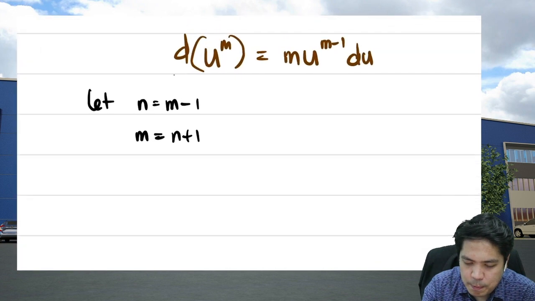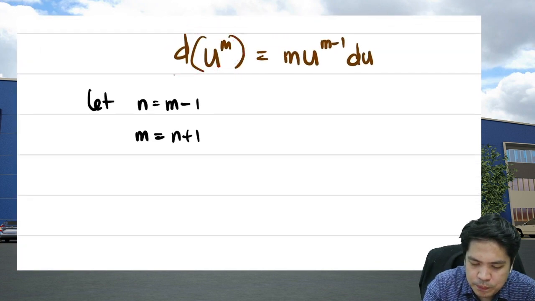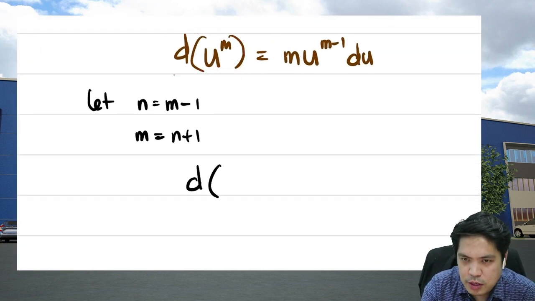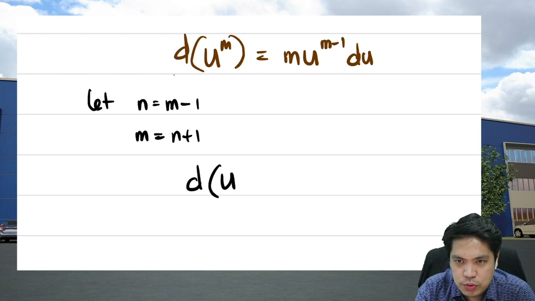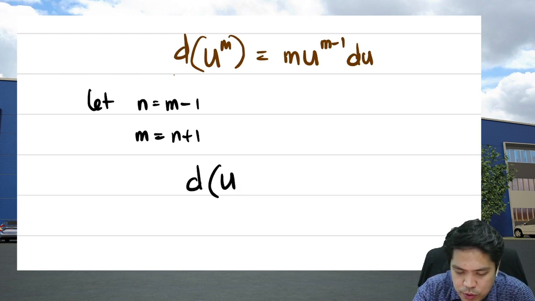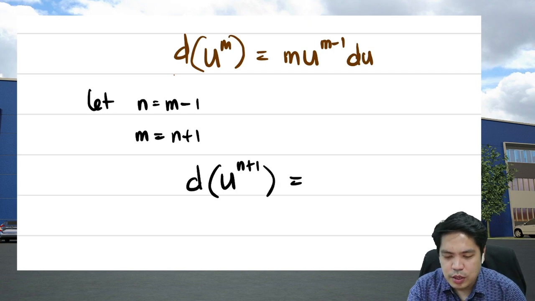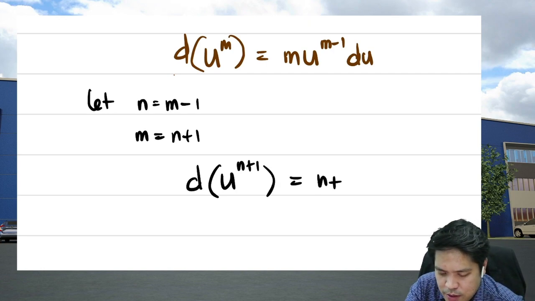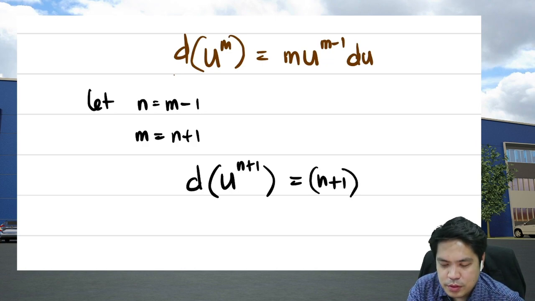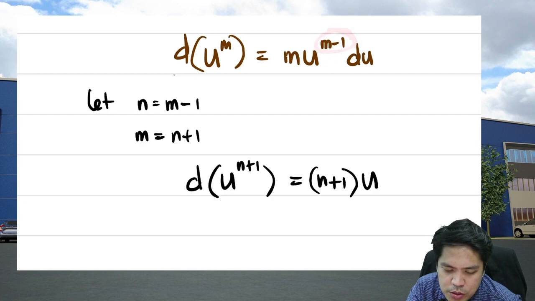So this becomes the derivative of u raised to m, which is n plus 1, equal to m, which is n plus 1, times u raised to m minus 1, which is equal to n du.